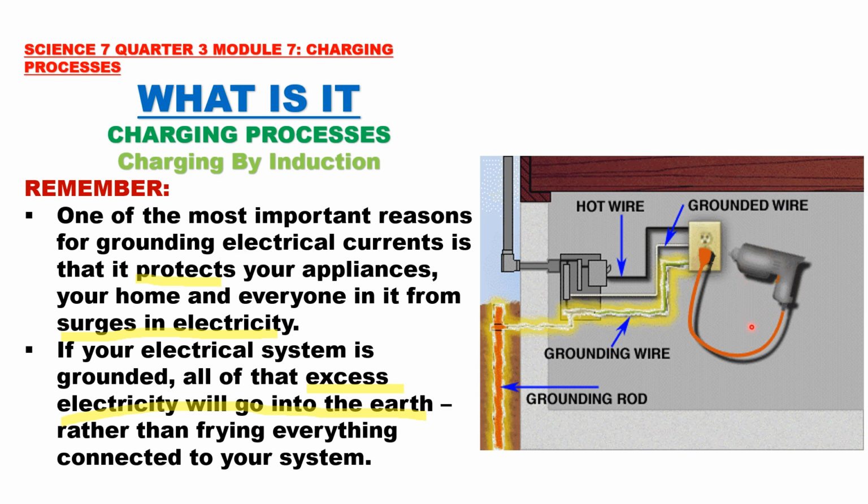If during that time you are using a glue gun, all of that high voltage of electricity could go to you if your electrical system is not grounded. Pero kung grounded ang electrical system mo, lahat ng excess na electricity na yon will go to earth instead of injuring you.